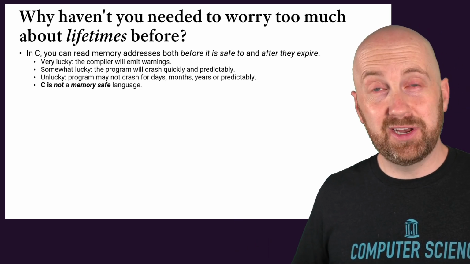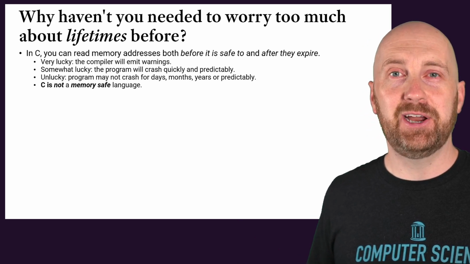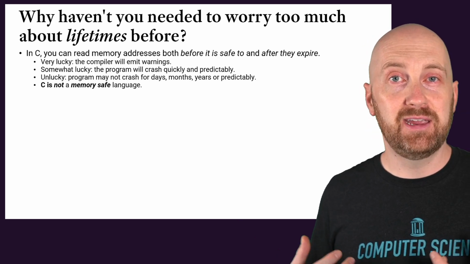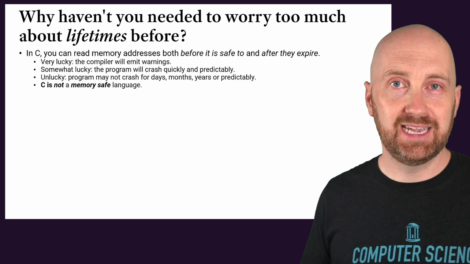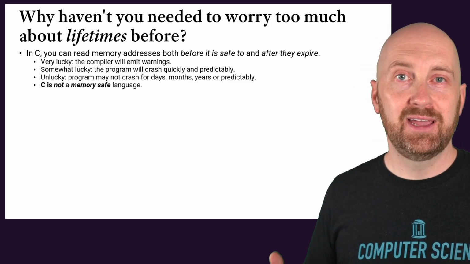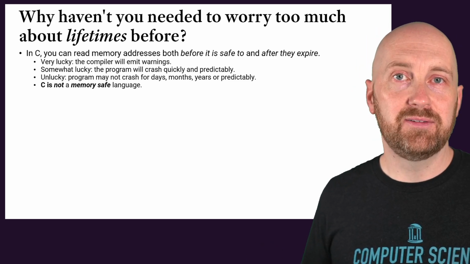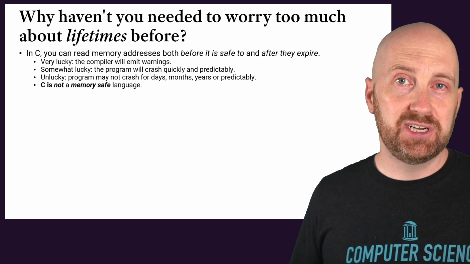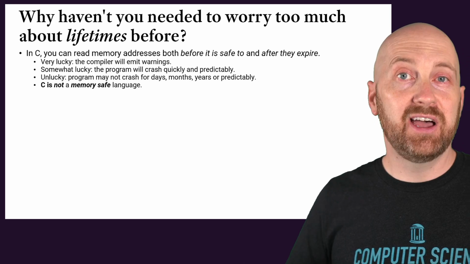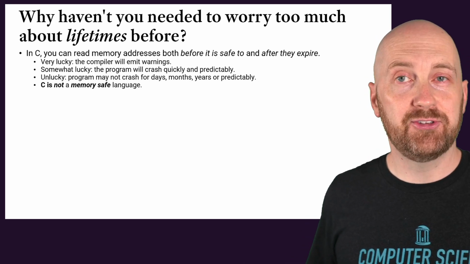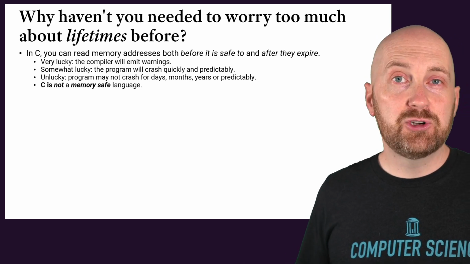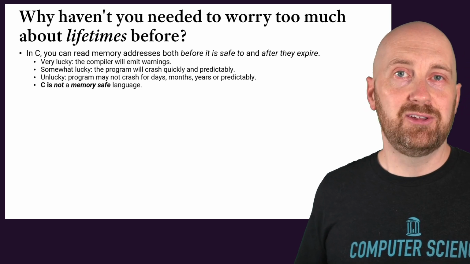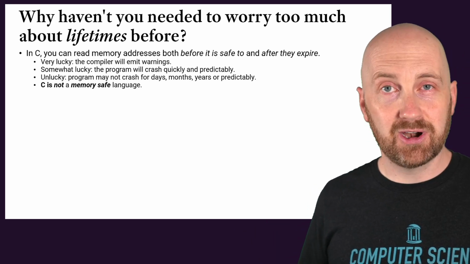And you can also read a memory address after that memory has expired, because in C, if you have a handle on a memory address, which we can get using the address-of operator and computing memory addresses from pointers, we can have handles to memory addresses whose lifetime may have expired. It may never even have started. And so if you try to do this and you get very lucky, you'll get a compiler warning or a compiler error.